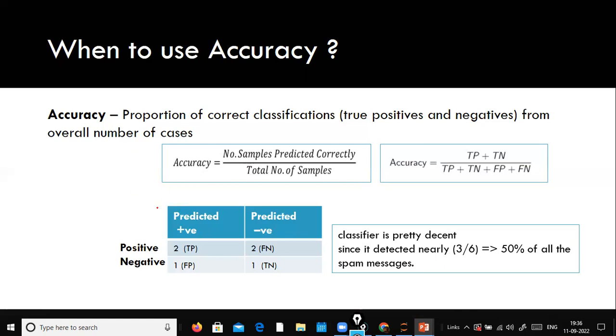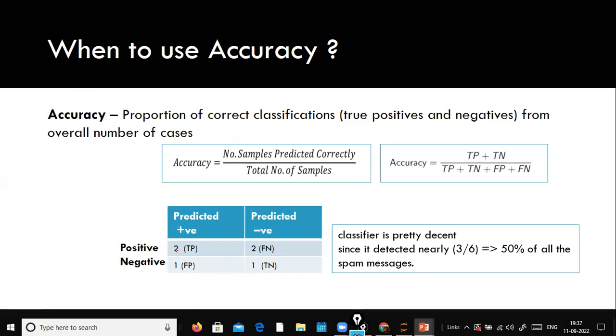Let's say you have a binary classification problem, spam or non-spam, and you use the confusion matrix function. You produce the output like this, and you can see the positive is actually spam, and the negative is actually not spam, a legitimate email.